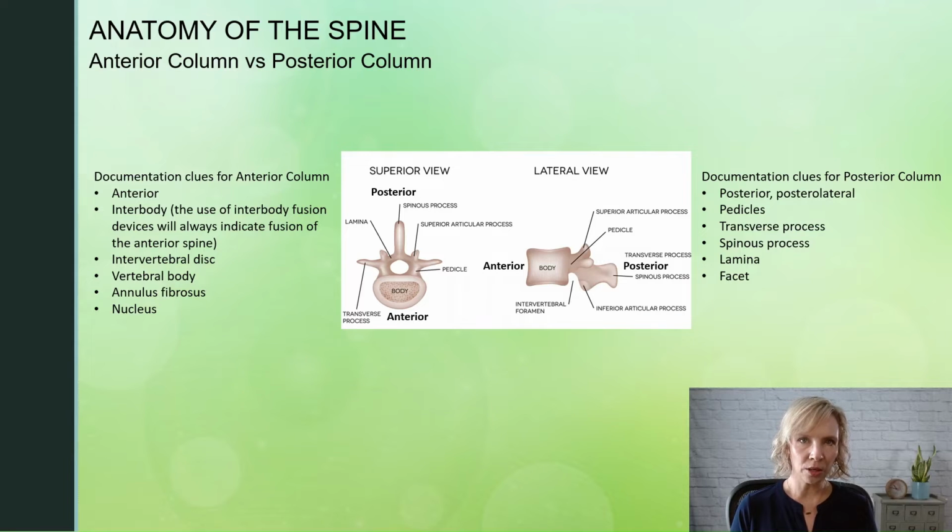There are some terms that you can look for in the op report for clues as to whether the fusion was of the anterior or posterior spine. Documentation clues that indicate the fusion is being performed on the anterior spine include anterior, interbody, because the use of an interbody fusion device will always indicate fusion of the anterior spine, intervertebral disc, vertebral body, annulus fibrosus, and nucleus.